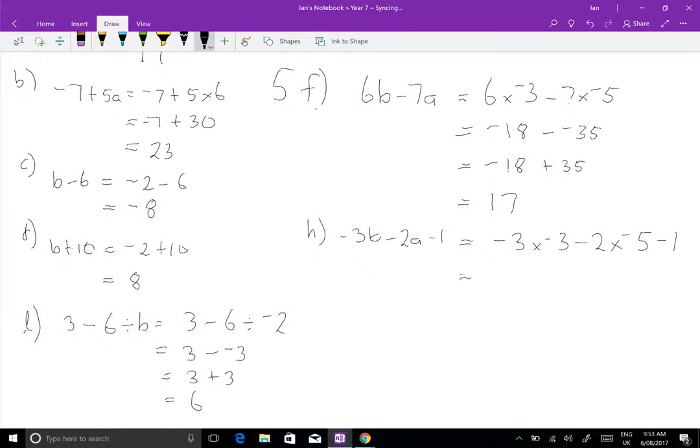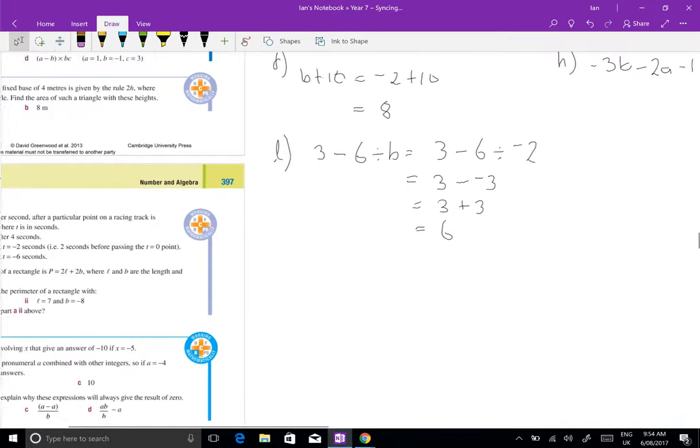Now again, I would suggest using your calculator. I'm going to do it without. -3 times -3 is 9. Minus 2 times -5 is -10. Then I've got minus 1. Remember, two negatives will make it positive. So 9 plus 10 minus 1. 9 plus 10 is 19 minus 1. I'll get 18.